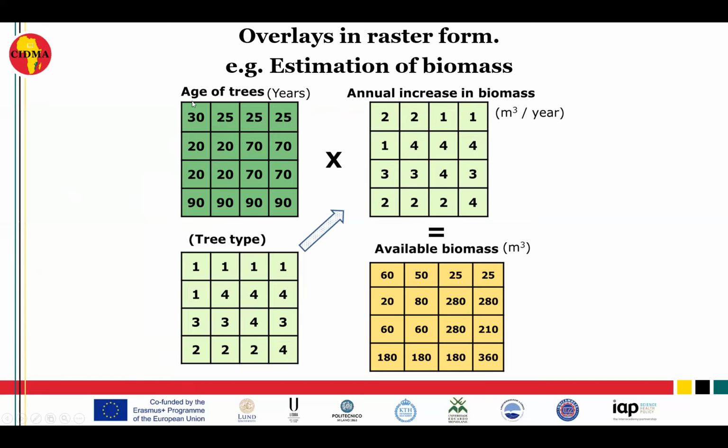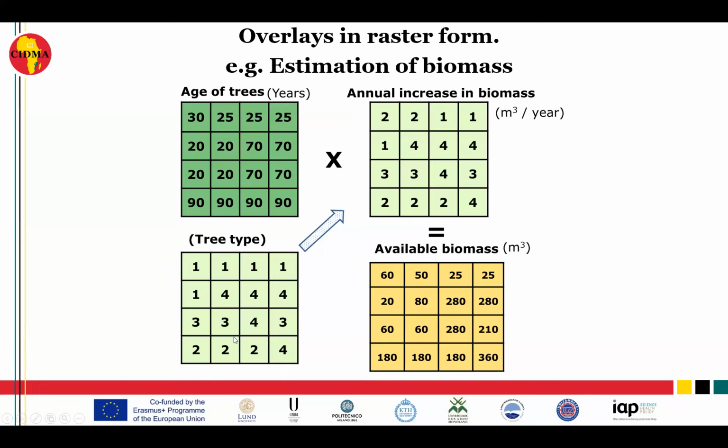And here we have the age of the trees, maybe the year today minus the year the trees were planted, and then we get the age of the trees. And we may also have a raster layer with the annual increase in biomass based on the tree type, for instance.